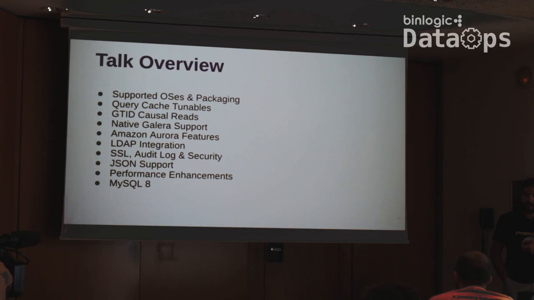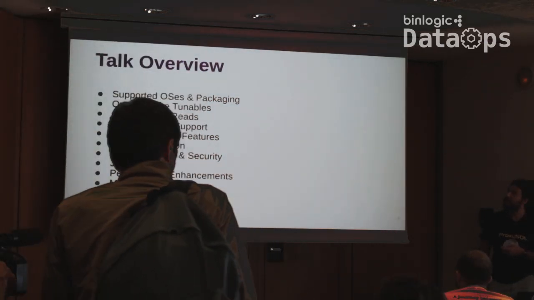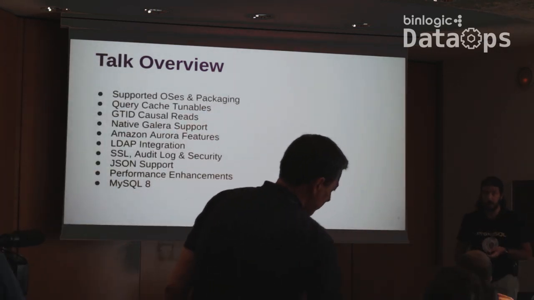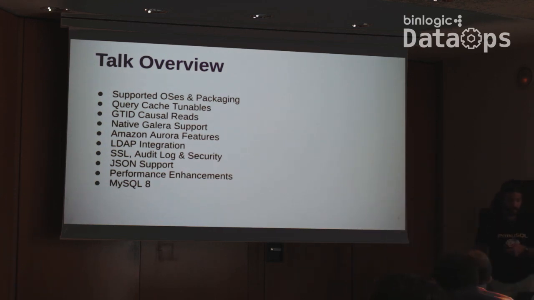Okay, so this presentation is about the new features in ProxySQL 2.0, and these are the topics that we are going to cover. Which new packaging is available in 2.0, what has changed in the way the query cache works, the introduction of GTID consistent read, the new support for Galera, support for Aurora, and we also have integration with LDAP.